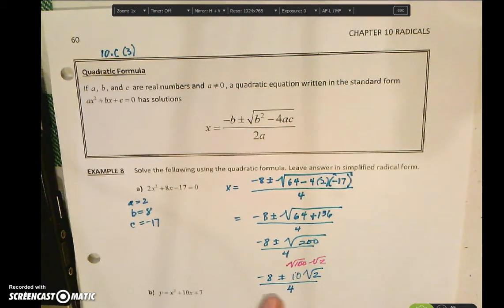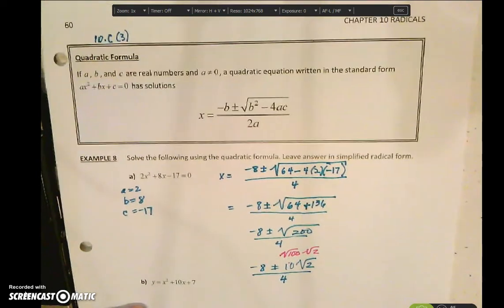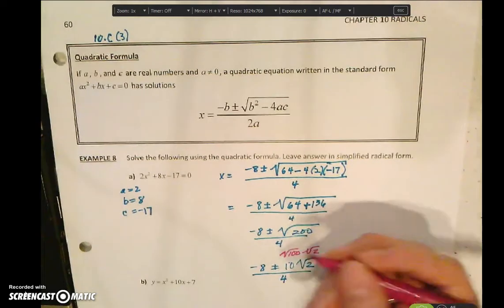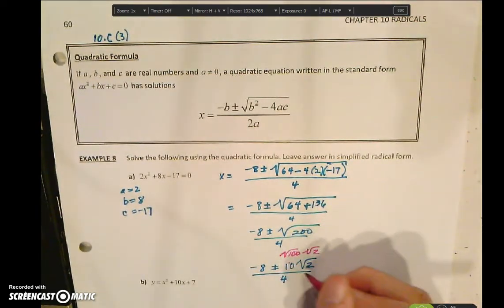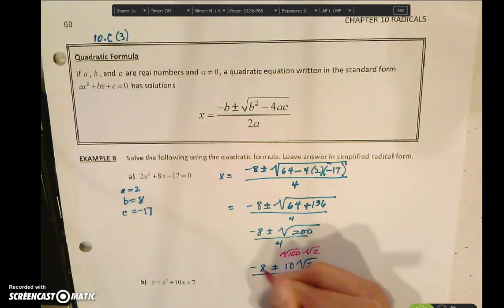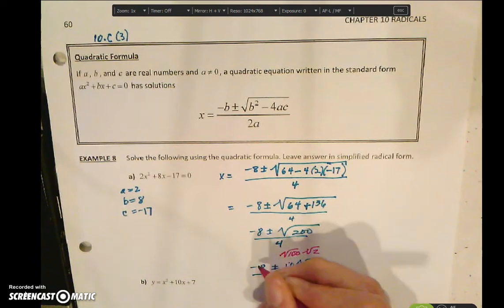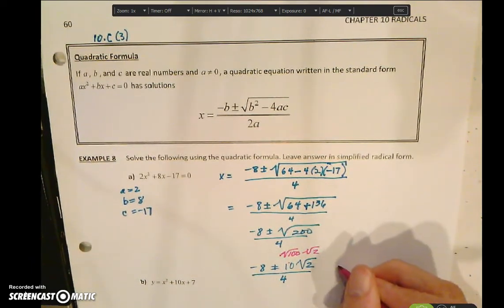Still not finished, because we can actually reduce this fraction, and we haven't really talked about fractions in this form before, but I'm going to show this to you because you need to know it. I cannot just cancel the 4 and the 8 right here. I'm going to need to factor out a common factor of 2.